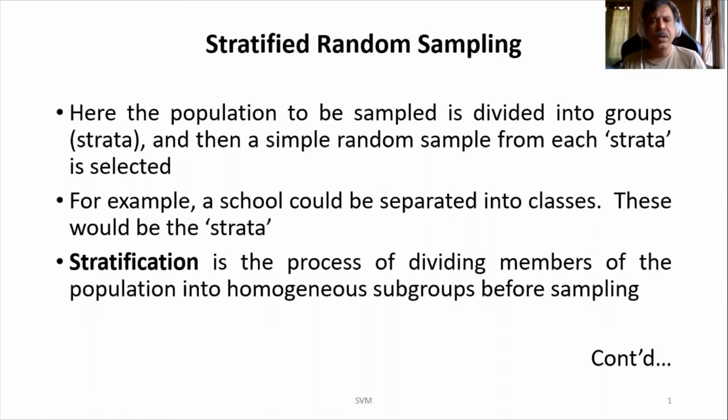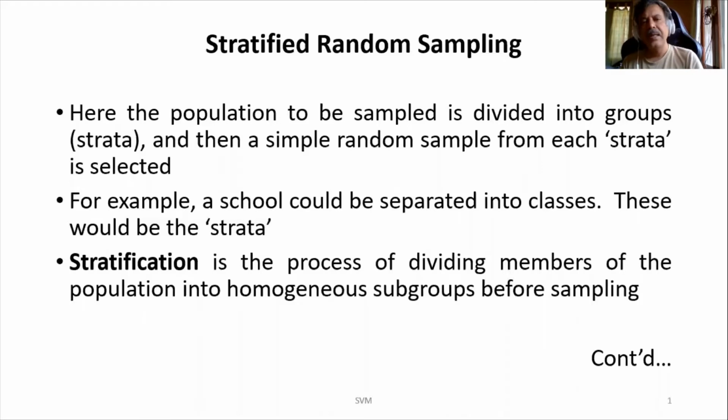So here the population to be sampled is divided into groups, which are called strata, and then a simple random sampling from each stratum or from each group is done. For example, a school may be separated into classes. These are strata because in every class, for example, if I consider BBA first year students, all those first year students would have completed their PU before coming into graduation.